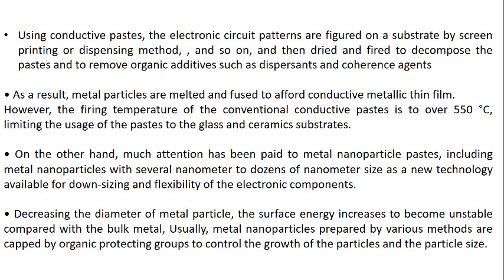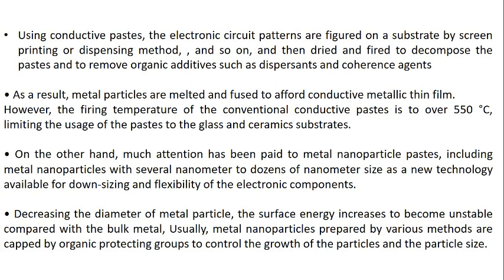Today, we'll look at how conductive pastes shape electronic circuits. Using screen printing or dispensing, pastes are applied to substrates, then dried and fired to remove organic additives like dispersants, fusing metal particles into conductive thin films. Conventional pastes, however, require firing above 550 degrees C, limiting use to glass and ceramic substrates.